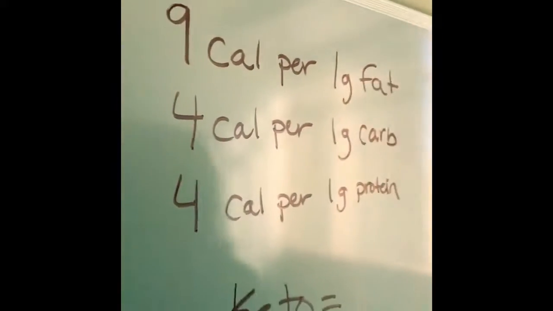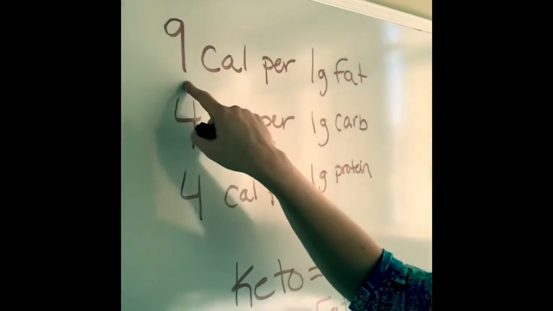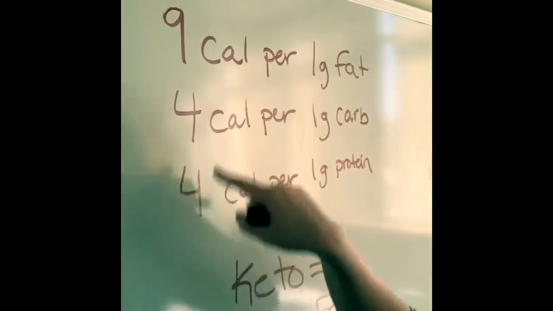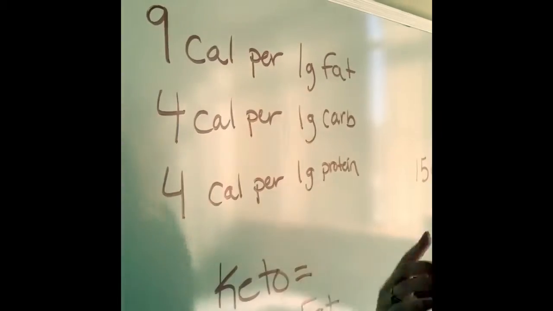And so you can see that 9 calories per gram, instead of 4, is obviously why it's longer sustaining energy. So when you eat carbs, that's why you go up and you go down. That's why 9 versus 4 is going to last a lot longer.